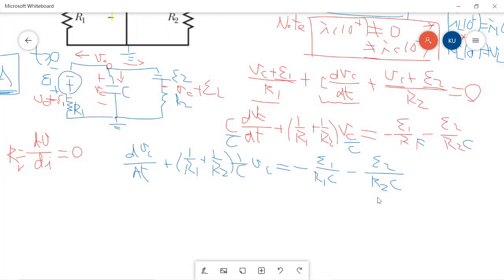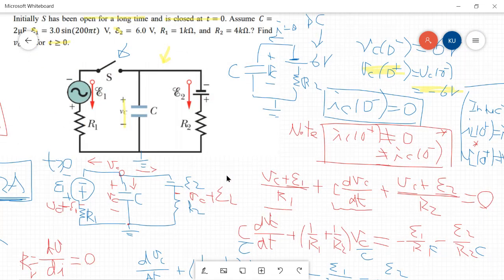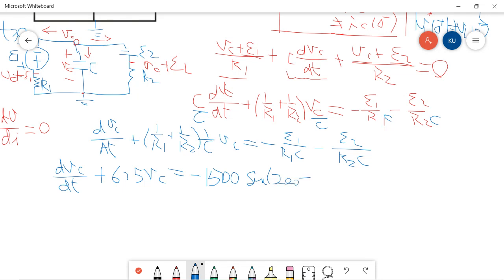We substitute them all here, and then we get the equation like this: dVC/dt plus 625 VC equals minus 1,500 sine 200 pi t, and then minus 750.